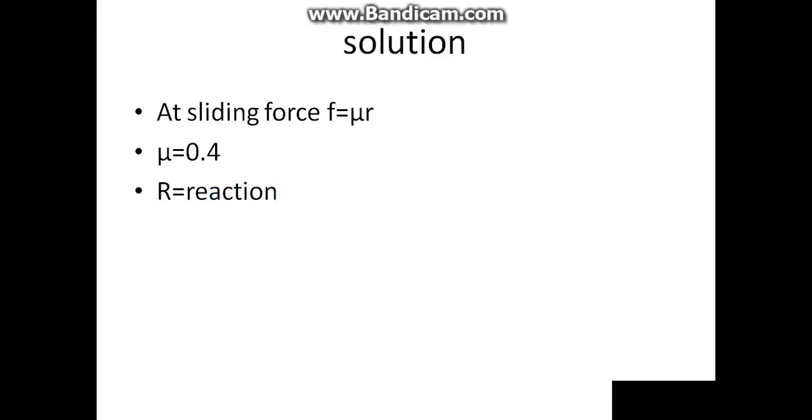Solution. At sliding, the resistance force small f is equal to coefficient of friction mu times normal reaction R. Therefore, mu has been given to be 0.4. The reaction R is equal to 4 times 9.8 meters per second squared.